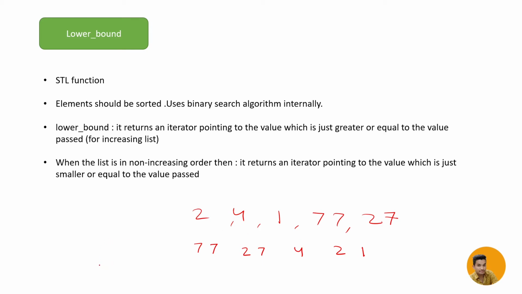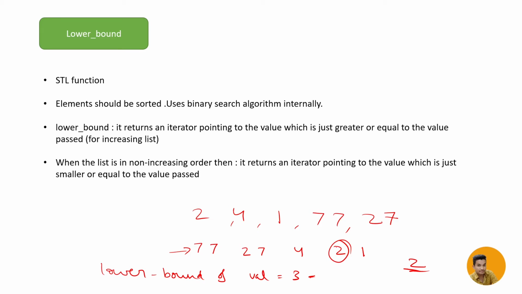Now if I ask for the lower bound of the value 3, since it is in non-increasing order, it gives the value which is just smaller or equal. So is 3 present? No, it is not present. So it is going to give the next smaller value, which is 2. Right. So the output will be 2.